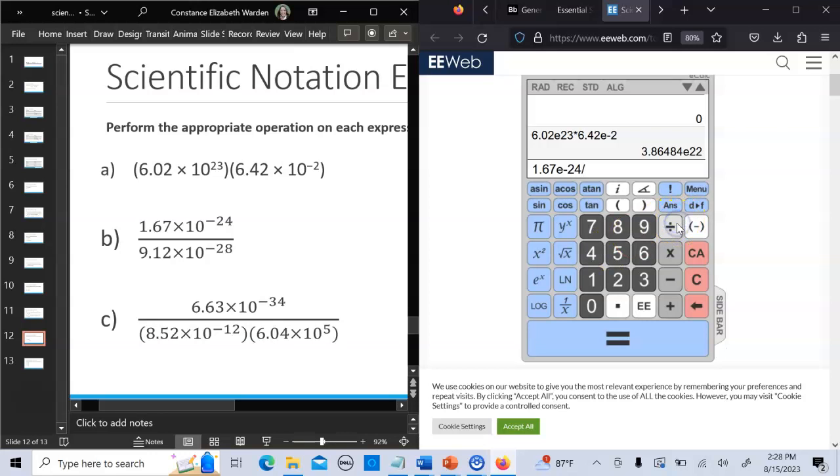Divided by 9.12, double E key, and -28. So as long as you use that double E key, it's simple. We get our answer, which is 1,831, and you can convert that into scientific notation.